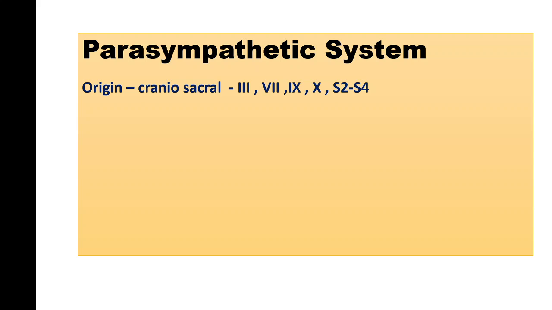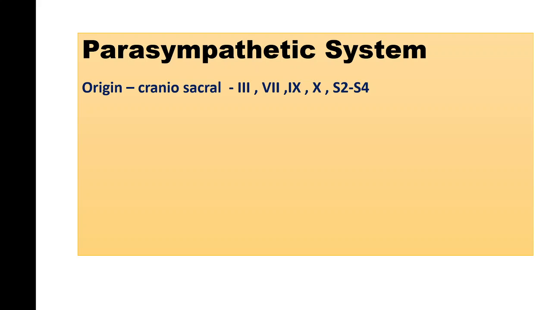Remember, parasympathetic system originates from cranial nerves 3, 7, 9, 10 and sacral nerves S2, S3 and S4.